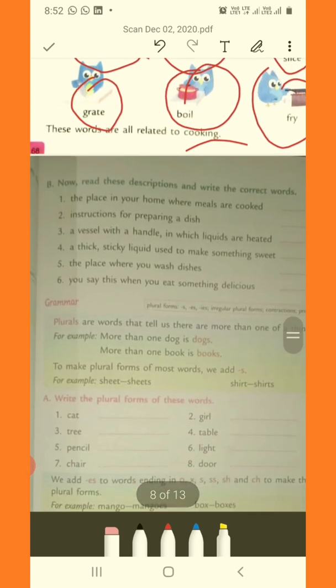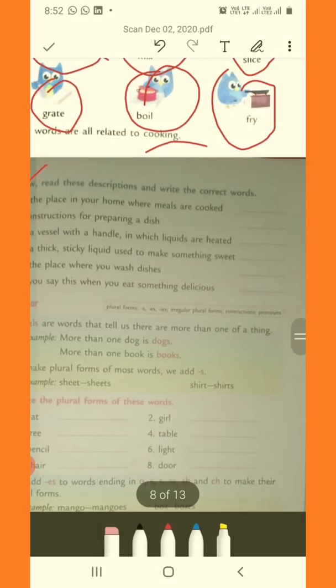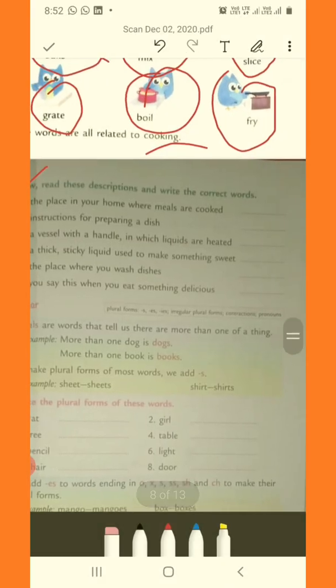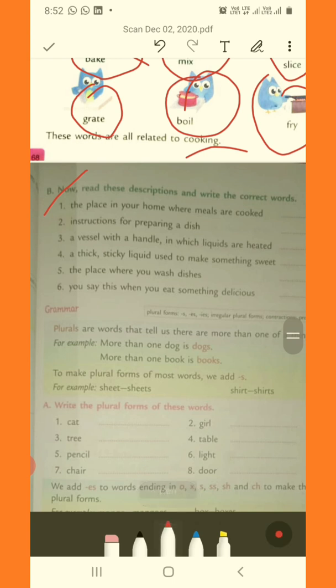Okay. Now read these descriptions and write the correct words. B. The place in your home where meals are cooked. What is it? Where is meal cooked? Kitchen. Right. So what is the word? Kitchen. KITCHEN. Kitchen. Right. And what do we have?